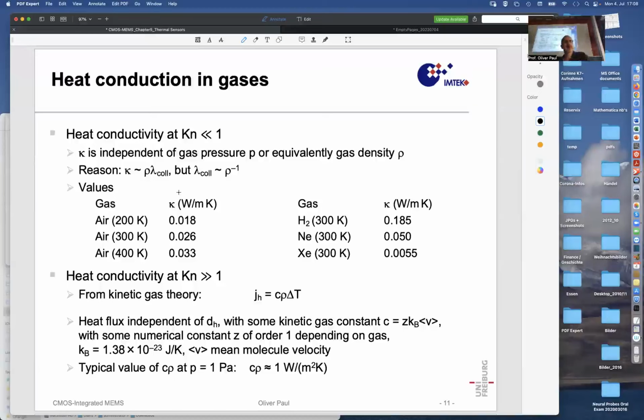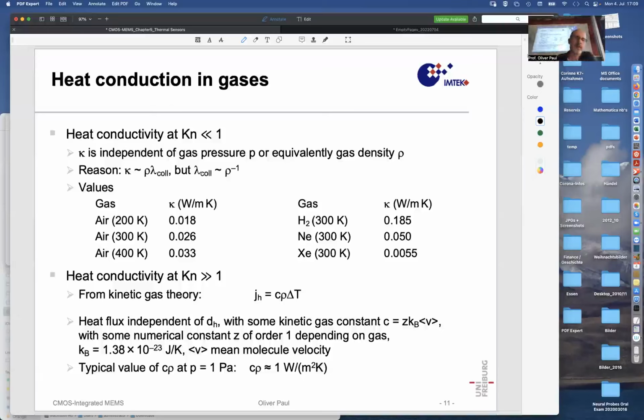My natural intuition would be, the denser, the more transfer. There are more molecules. But it's not true, because the molecules that want to transmit their heat from hot to cold are also hindered more by the other molecules if the gas is denser. They cannot travel as far, so it's tougher to get the energy across.